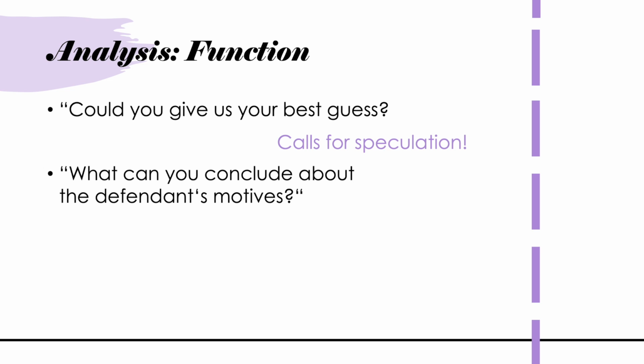Oh, sorry. This question, what can you conclude about the defendant's motives? Again, we see a trigger word, conclude. Now, the question asks the witness to conclude about a fact of the case that is meant to be answered by lawyers.